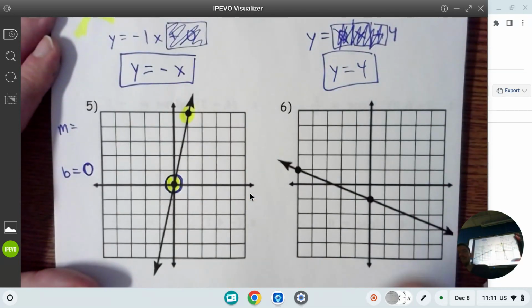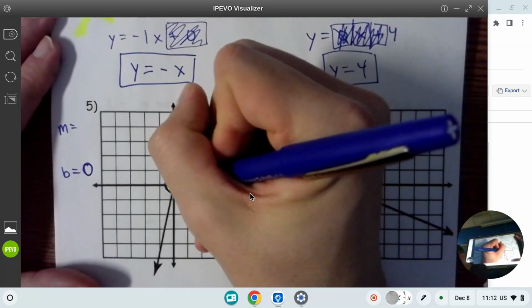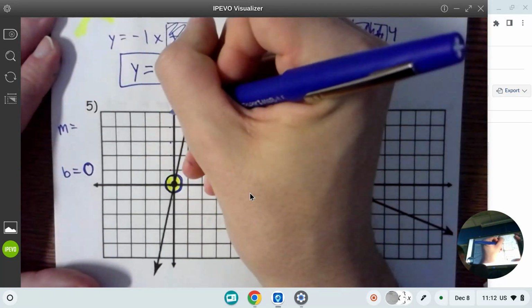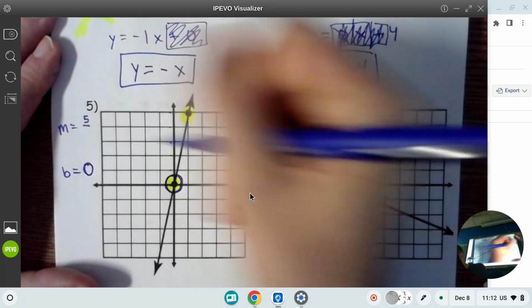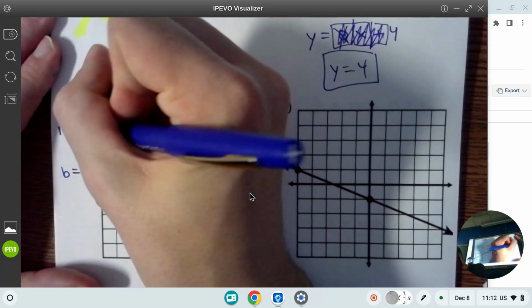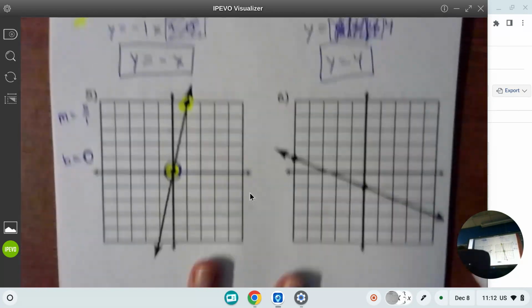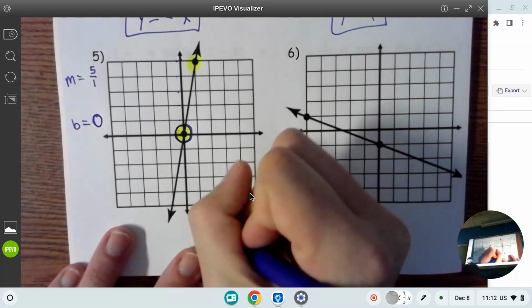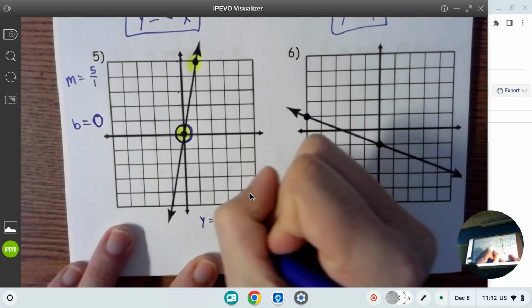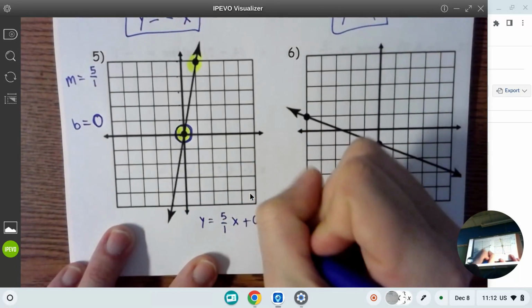And the m is the rise over run. So I'm going to rise 1, 2, 3, 4, 5. I'm going to rise up 5, and I'm going to run 1. I'm going to run to the right, which is going to be positive. So there's all my information. I'm going to have y equals 5 over 1x plus 0.